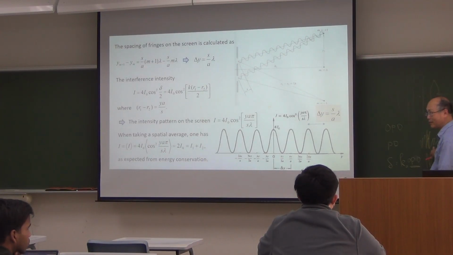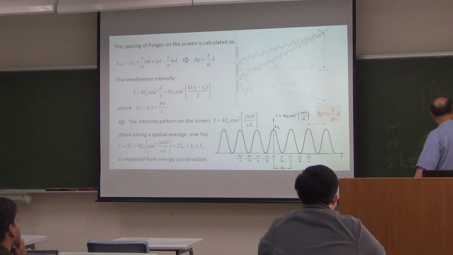But if I just use a beam splitter to split it, and then bounce this along this direction, and bounce this along this direction, and come back, and come back, in fact if I don't have any path difference between these two arms, I will be overlapping the same wave together.